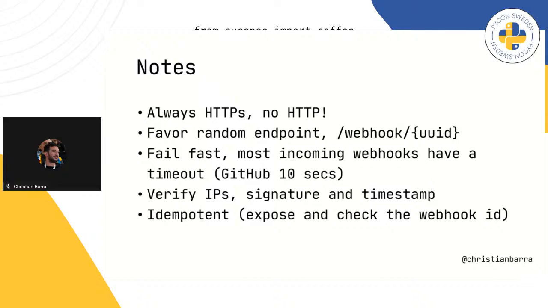So on the outgoing webhook, verify that you're calling an HTTPS endpoint, and fail if the certificate verification fails. This is a parameter that you can set inside the client. In my case, it was set by default. So in case the certificate verification fails, the client request will fail.